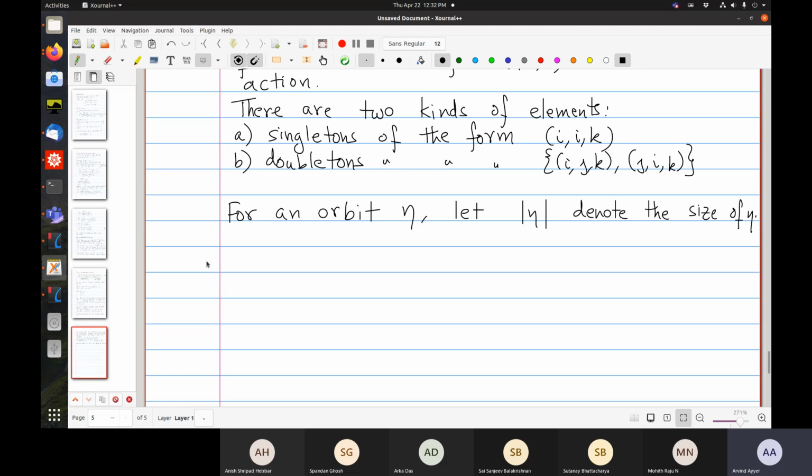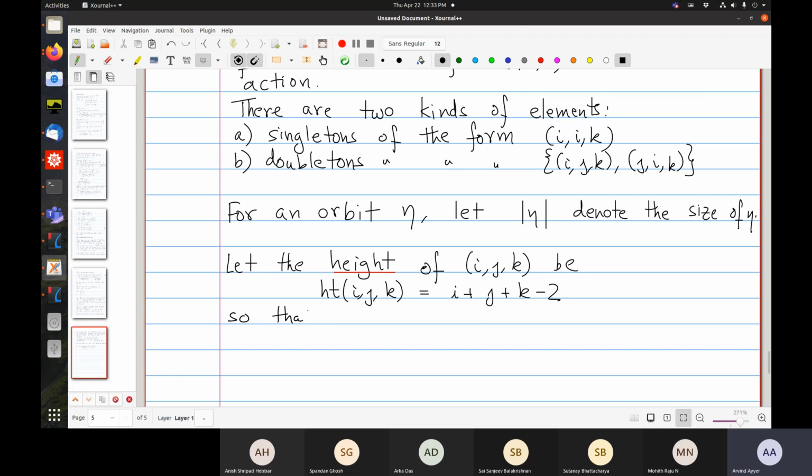So, further notation, let me define the height of a cell. The height of ijk is i plus j plus k minus 2, so that the height of 1, 1, 1 is equal to 1.